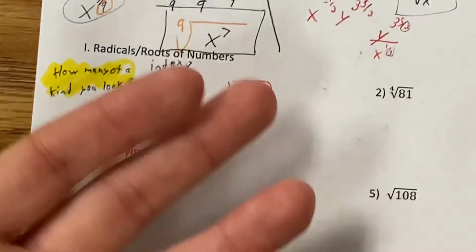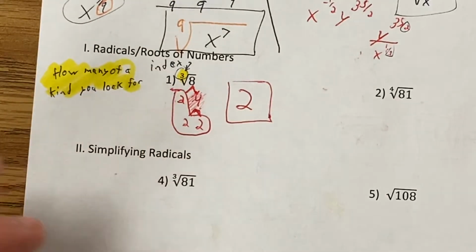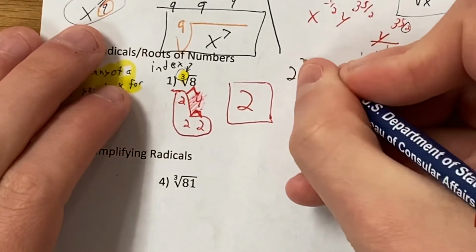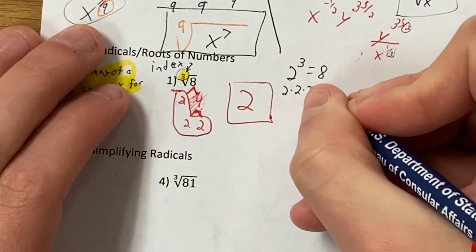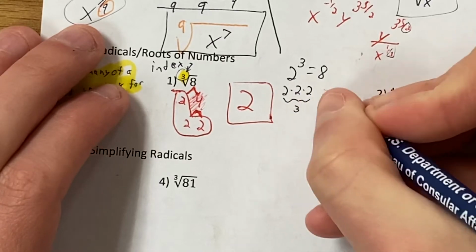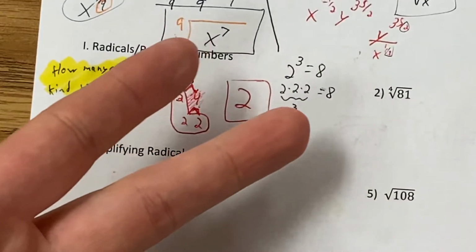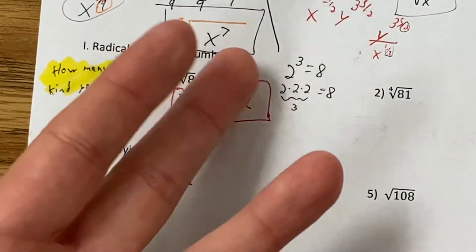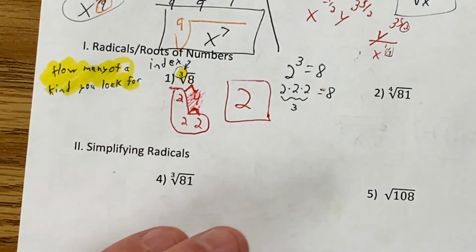In terms of concept, cube root is the opposite of cubing. Like 2 to the third is equal to 8 because 2 times 2 times 2, multiplying 2 by itself 3 times, is 8. 2 times 2 is 4, times 2 is 8. And cube rooting just goes backwards from that.